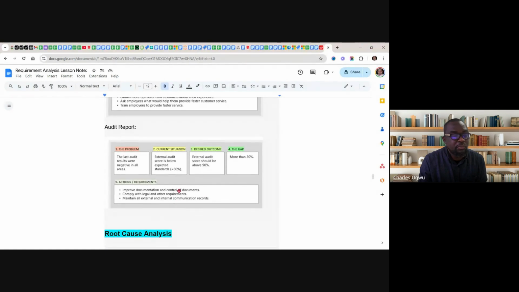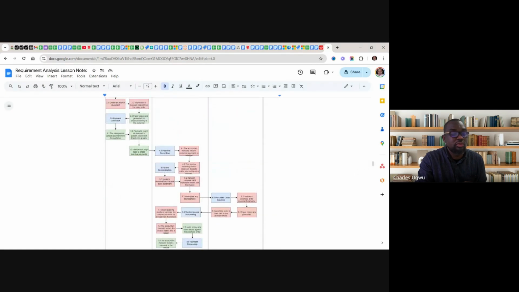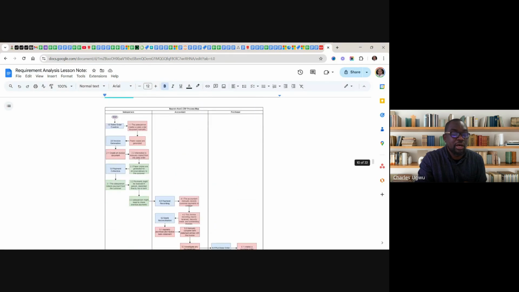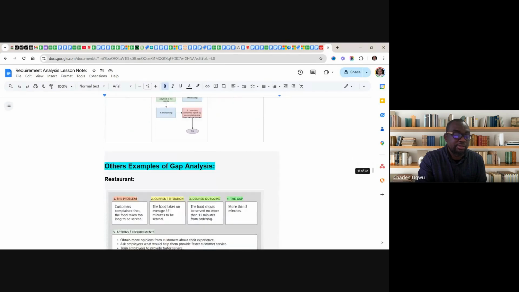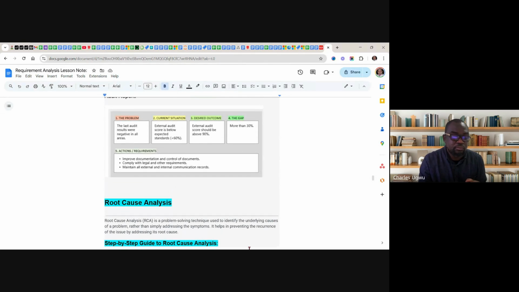And once this is upgraded, you see your audit reports surging to even more than 95%. So these are various ways you can simply do your gap analysis in a low-key way, but it's better to use a detailed process flow like this, where you can map out the process and do your gap analysis. At this point, I believe we all can do a very quick gap analysis.